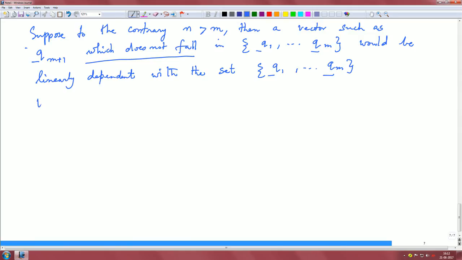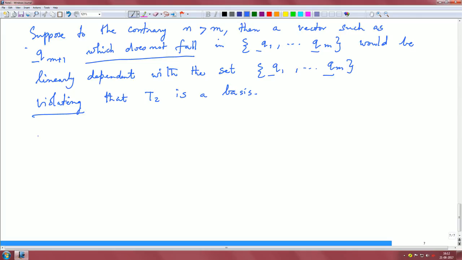Now this violates that T2 is a basis, because we had T1 and T2 both to be the basis, and now we have a contradiction.